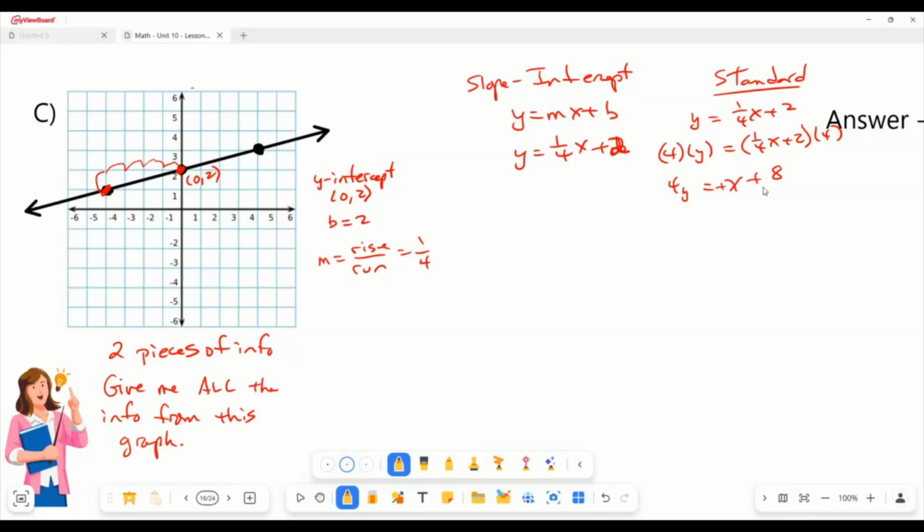It is positive, so I need to subtract it. Negative x plus 4y equals 8. The x has to be positive, so I have to multiply both sides by negative 1. I get x minus 4y equals negative 8.